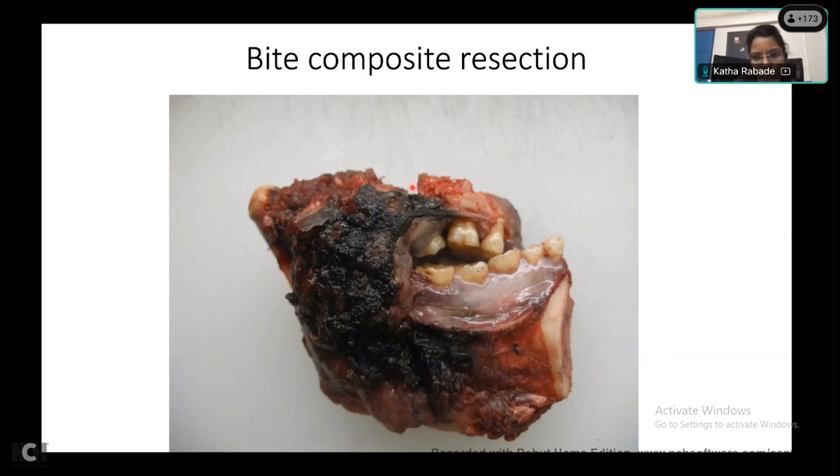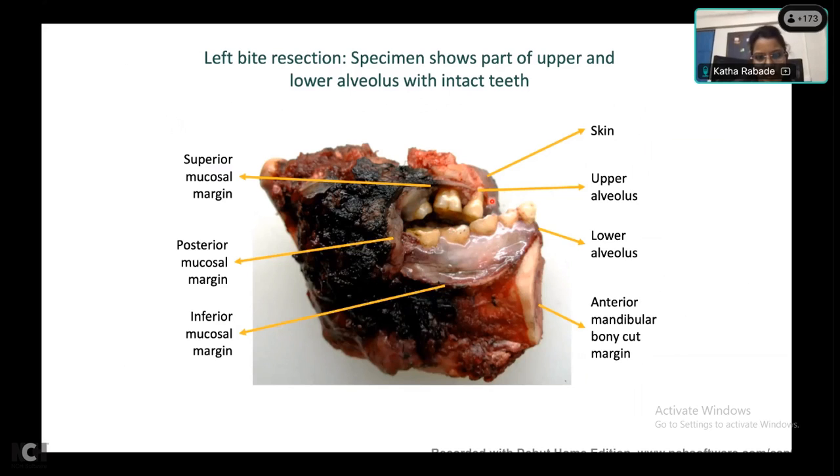On the superior aspect, it will have a superior bony cut margin and the medial palatal margin. So again the same. This can also be labeled as superomedial and inferomedial, or superior and inferior mucosal margins.